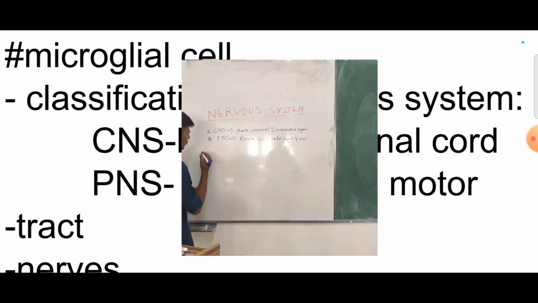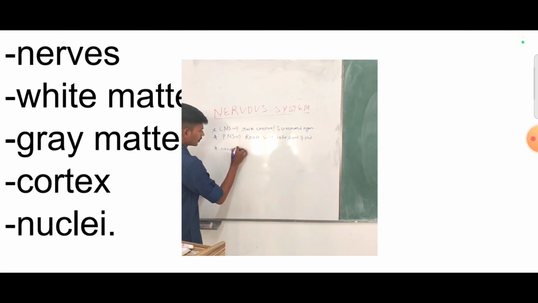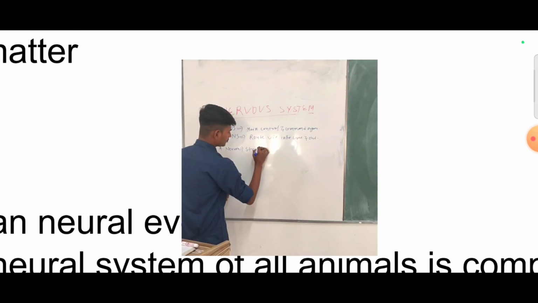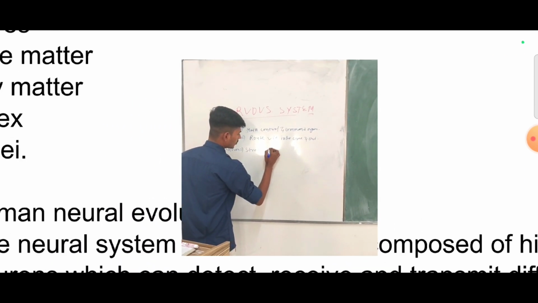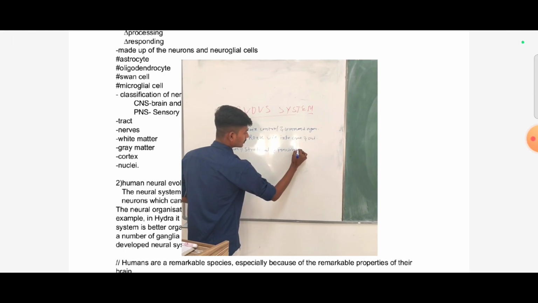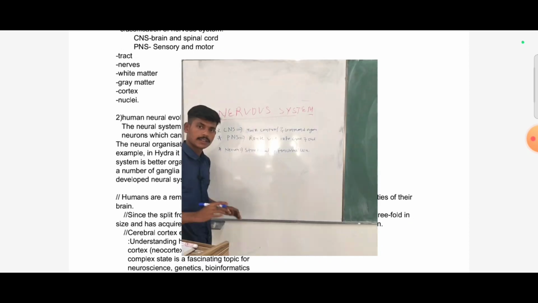Now, another term related to the nervous system is the neurons. Understood? They are basically the structural and functional cells. Clear?